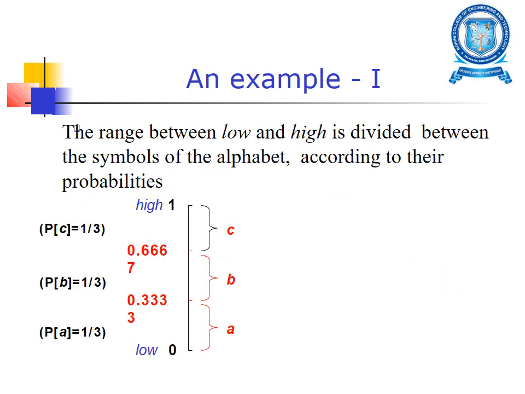Now let's see an example so that you can get a clear understanding of how arithmetic coding works. We are going to take probabilities A, B and C. I am taking the probability of A as 1 by 3, B as 1 by 3 and C as 1 by 3.